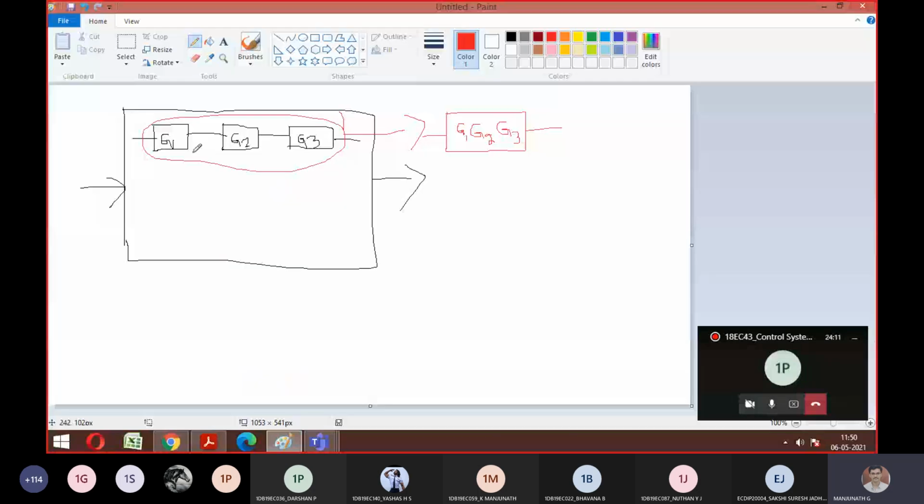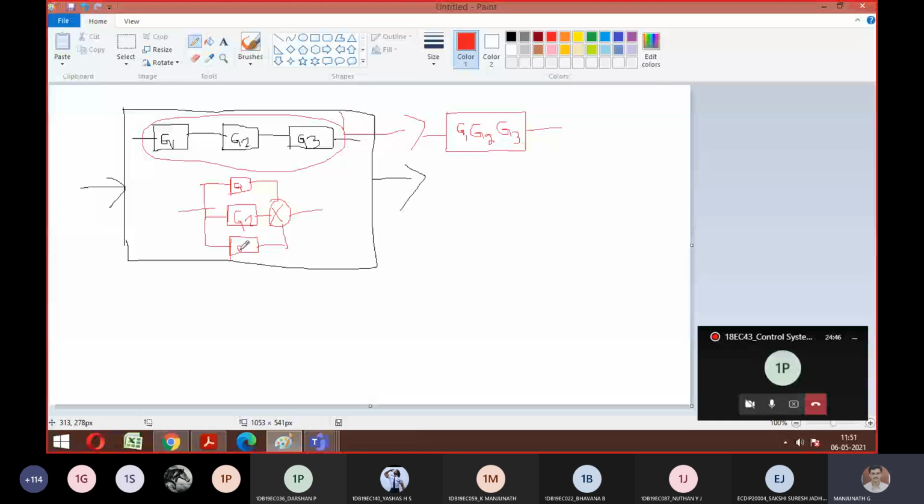If we have a block G1, and I connect one more, and n number of them, it is not restricted to 1 or 2, it can connect n number. All of these will be connected to one summing point, with input and output. If you find G1, G2, G3 in parallel like this, I can reduce it to a single block.